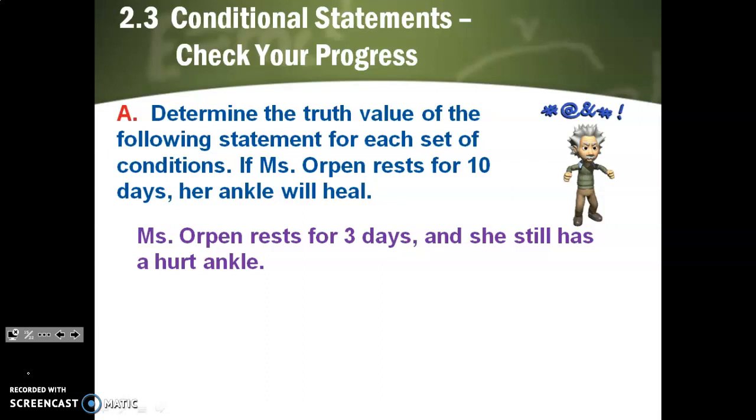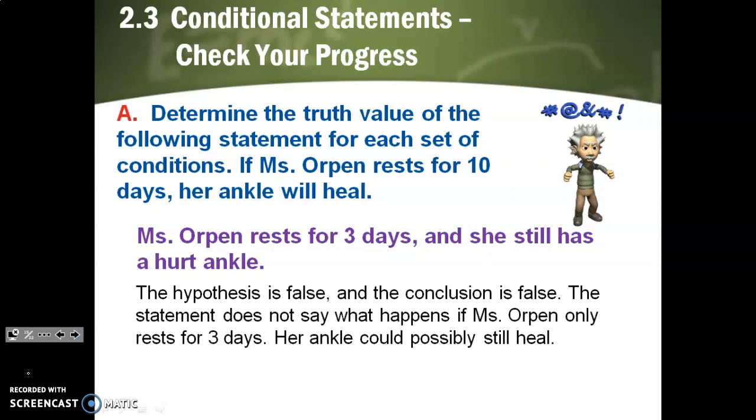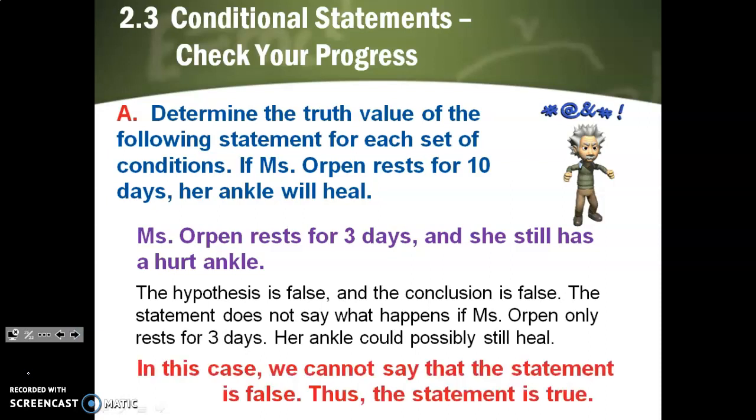So could it still work in 10 days? I say yes. So that's how I kind of keep this straight. So this was actually a true statement here. So therefore, we can't say anything about the hypothesis, so we can say it's actually a true statement just because the hypothesis is false.